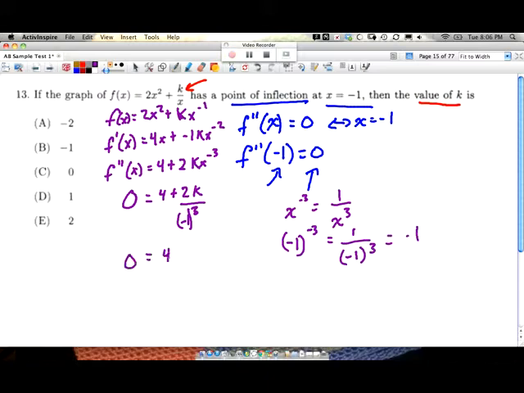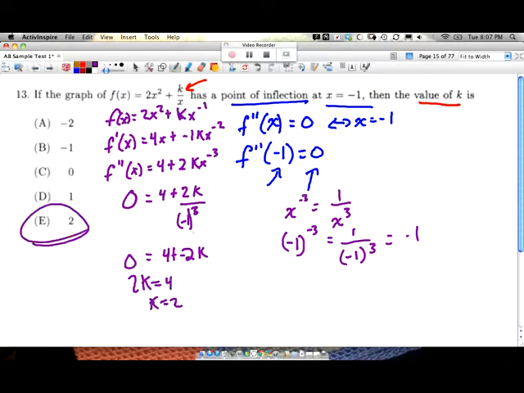Okay, so we got 0 equals 4 plus 2k. Let's clean this up a little bit. 4 plus 2k, but that's times -1, so it's really minus. Move the 2k over. We got 2k equals 4, k equals 2.